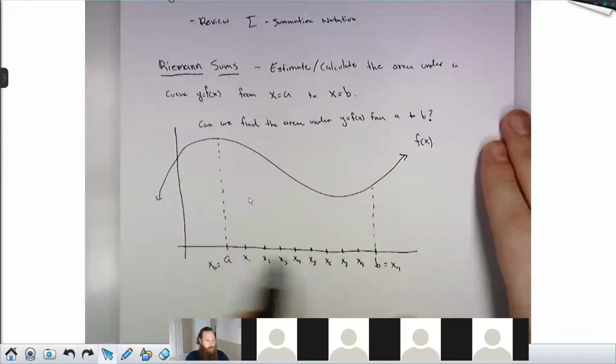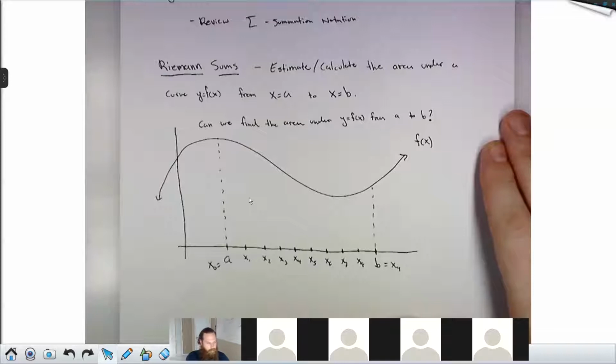I want all of these to be of equal length. So you chop the interval AB up into some number of equal length subintervals. The number of subintervals we'll use the symbol n to represent, and the width of each of these intervals we'll use the symbol delta x.